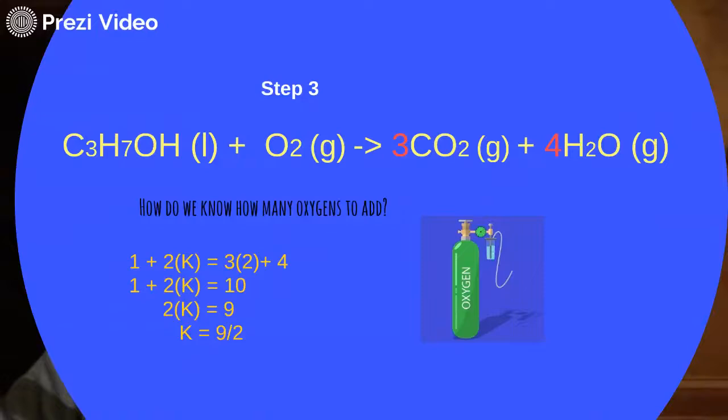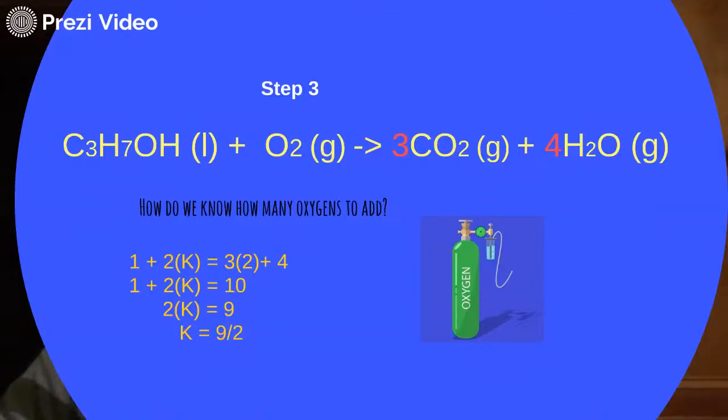We have oxygen as part of propanol and we have oxygen as a free element. So that oxygen that's part of the propanol we can't touch, we can't add a coefficient to propanol because that will throw off our measurements of carbon and hydrogen, which we already balanced. So we can only change the free oxygen at this point.